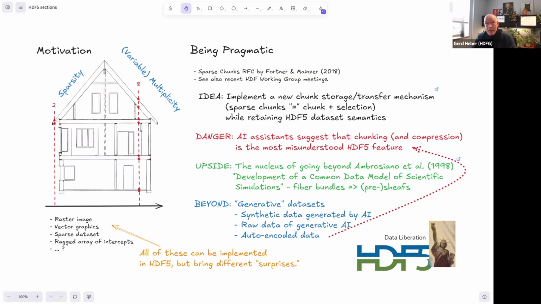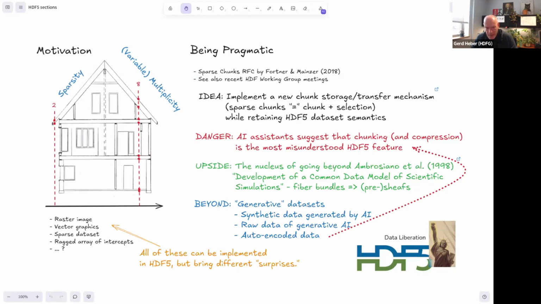And considering how important sections are as data sets in so many practical applications, I think once we get that support for sparse data in some form into HDF5, that really will be a great achievement and open up so many more interesting applications.